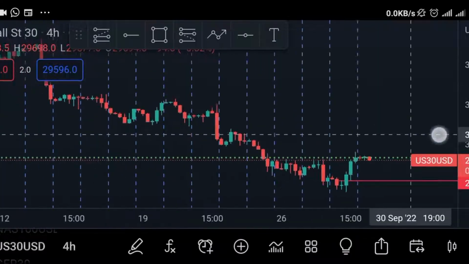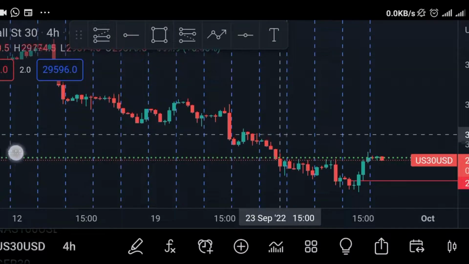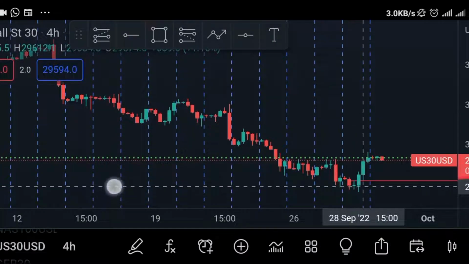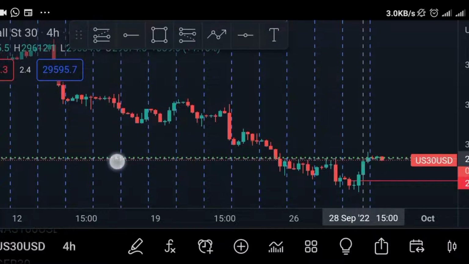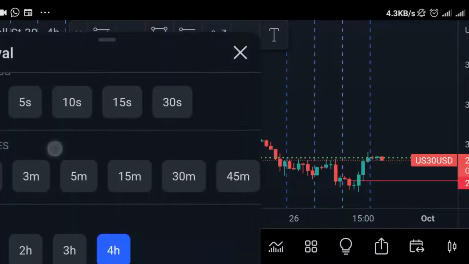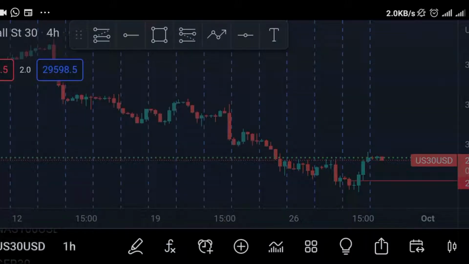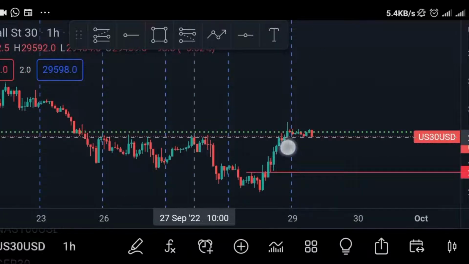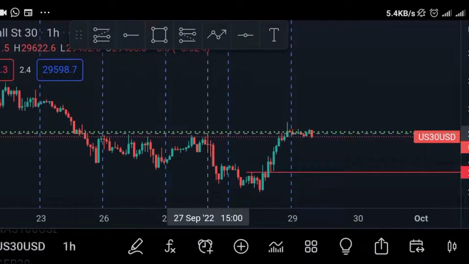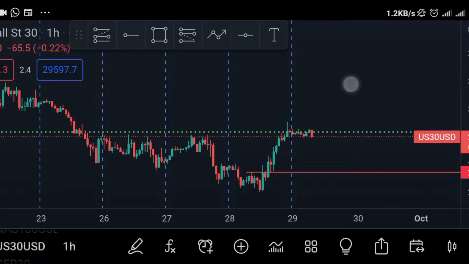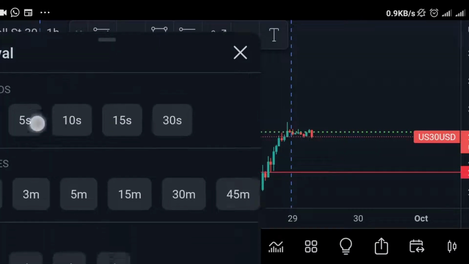We've been in a downtrend. Yesterday price couldn't break the most significant previous high, which is this one here. It broke above it, but not by much, so obviously it might be a fake breakout.